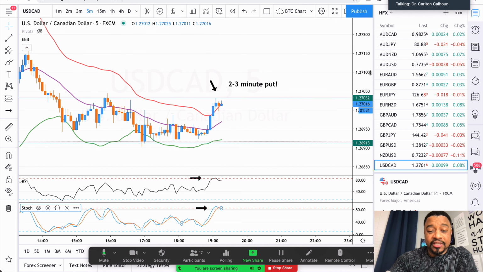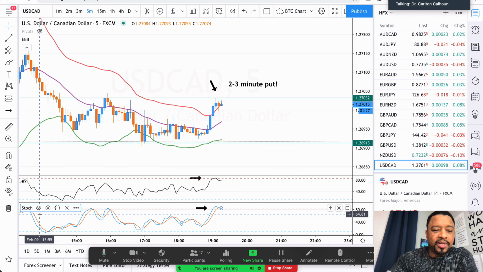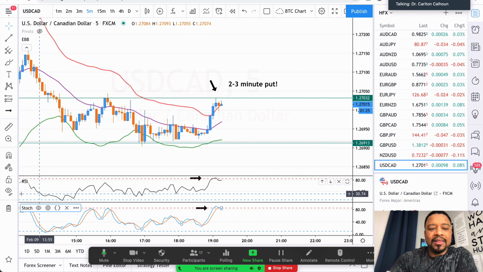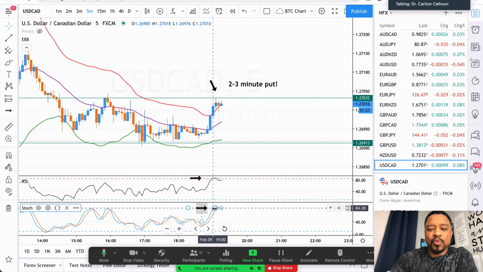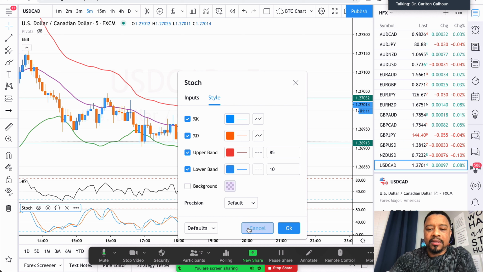My conditions: I need both the stochastic and the RSI to be in what is known as the overbought area, which is above my top red line, which is the upper band.